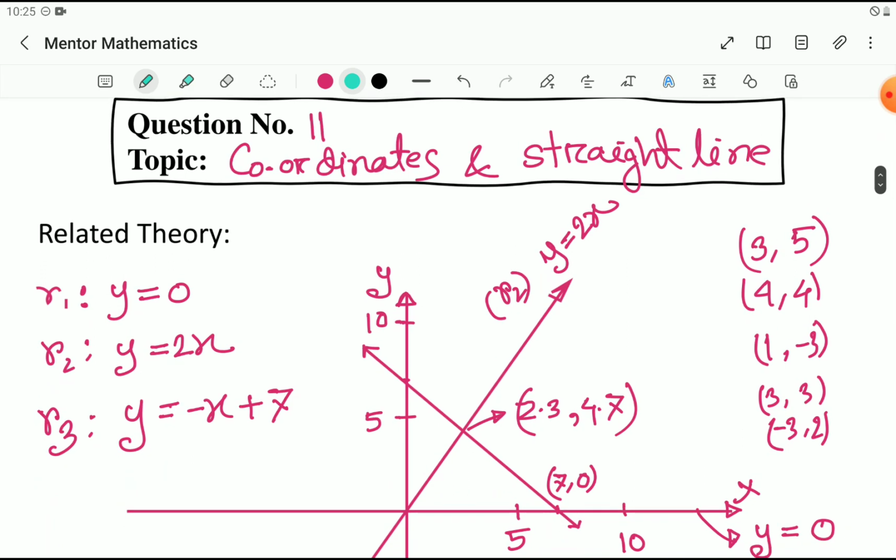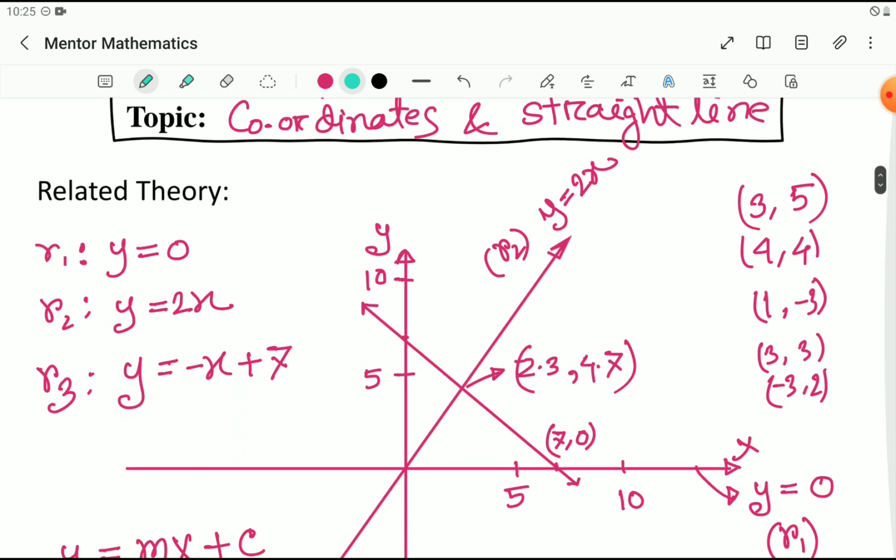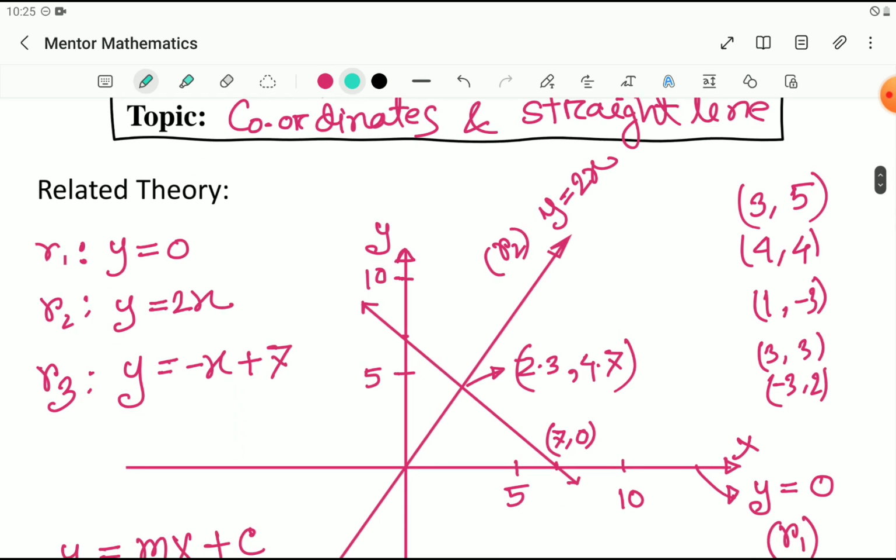This problem comes from the coordinates and straight line chapter, so you can go and see the basics from that chapter, and I hope you will understand, because this problem particularly emphasizes the coordinate system and a straight line. You have to understand the basics, otherwise you can't draw or imagine the problem.